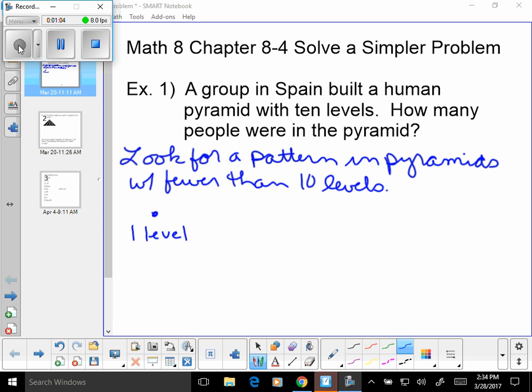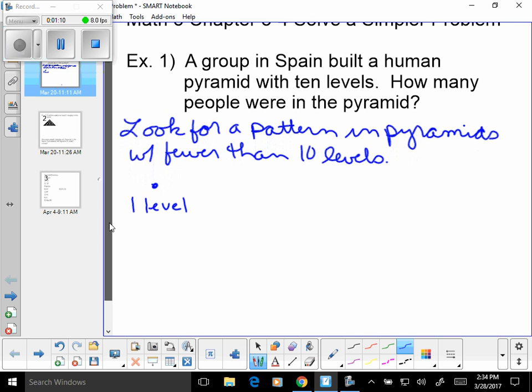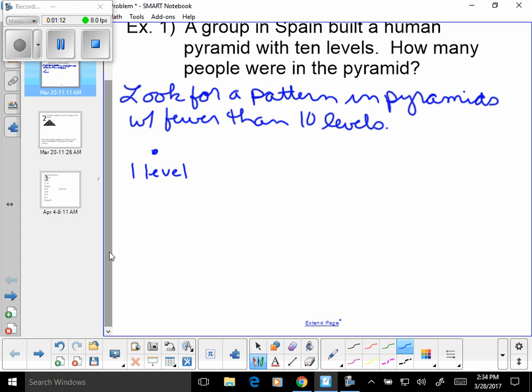Now, the idea here is to make a few drawings of something that's less than 10 levels and to keep track of things in a table. So we are going to have number of levels, and then we're going to have number of people.